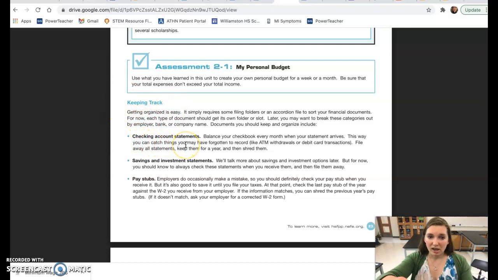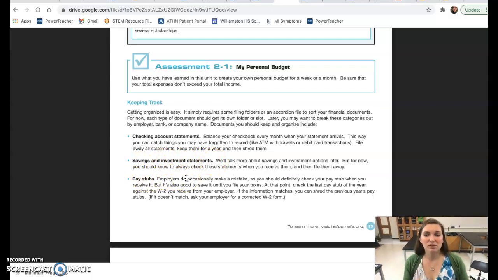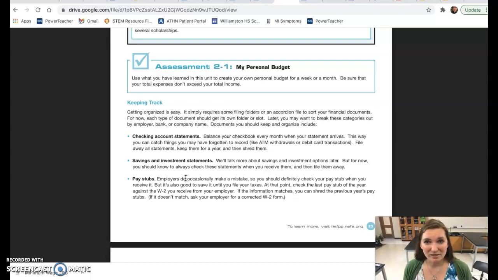So you should keep your checking account statements, your savings and investment statements, and your pay stubs. All of those things are going to help you to stay organized and know exactly what you have, and you're going to be able to spot irregularities faster. And you'll be able to look back and track these things to find out if you are budgeting well and things like that.